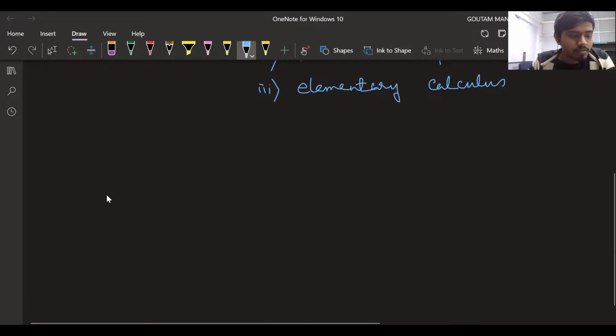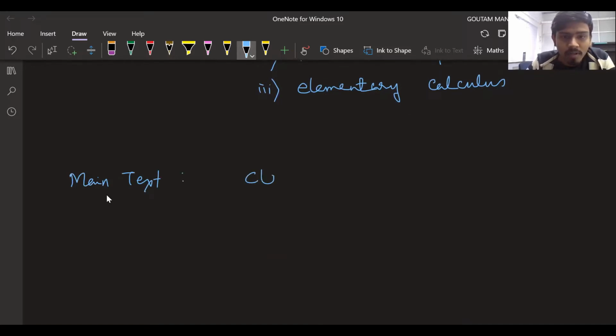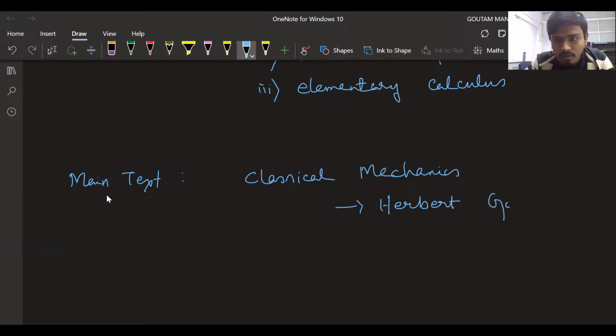The references, the main text will be Classical Mechanics by Herbert Goldstein.